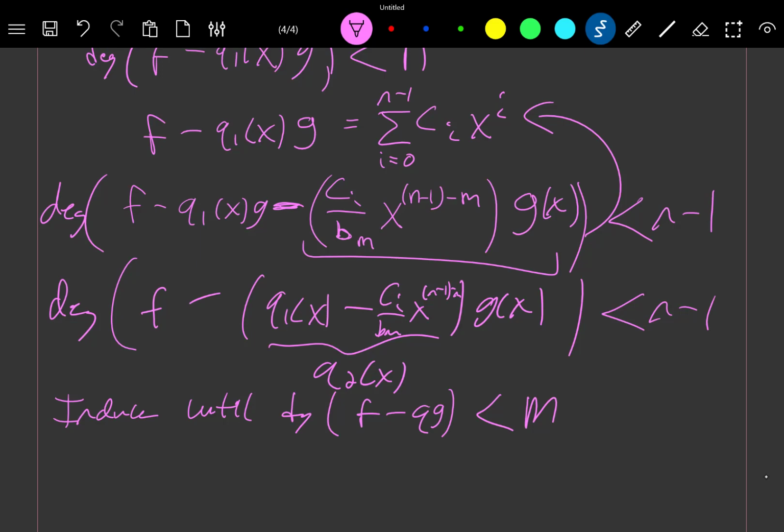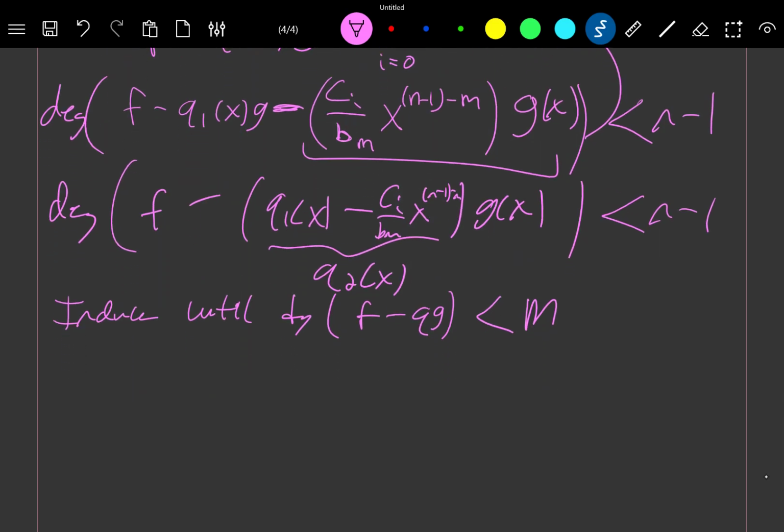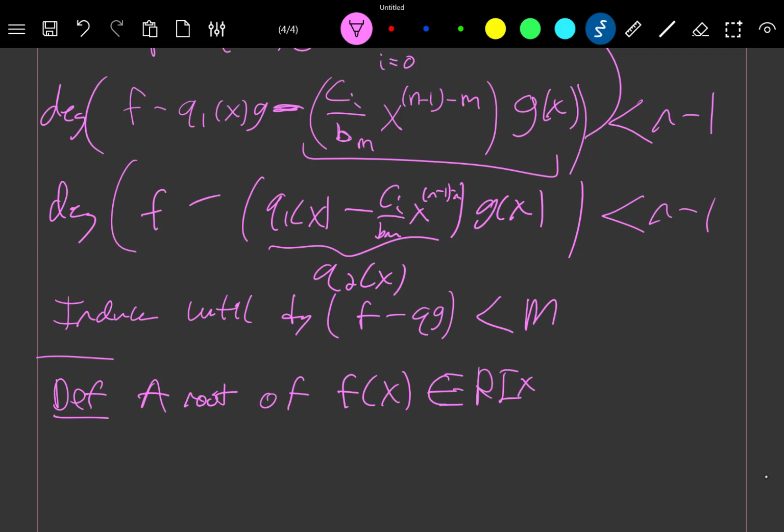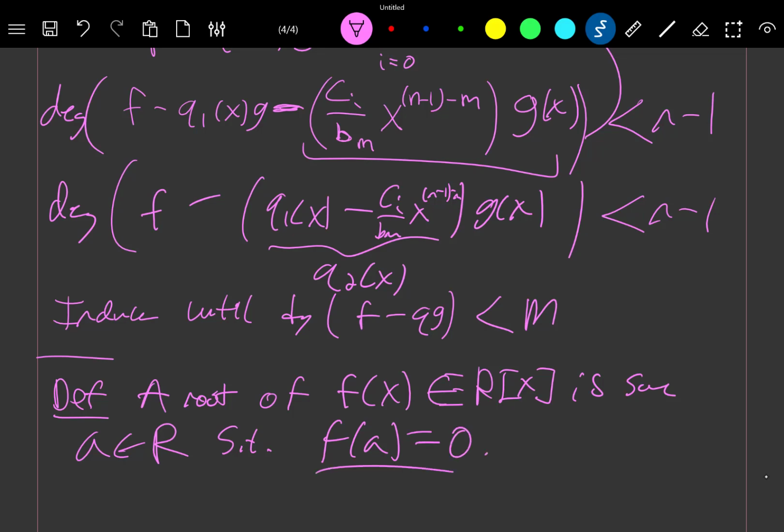Something else we can get out of this is, a root of a polynomial f of x is some element, let's call it a in R, such that f of a is 0. And what I mean by f of a here is we plug in the value of a.